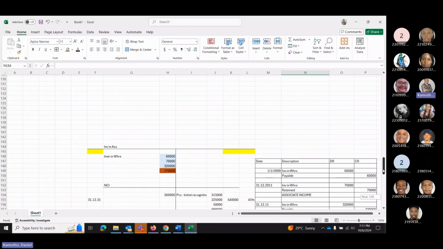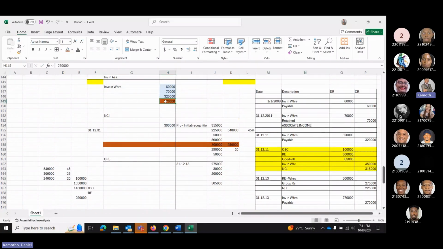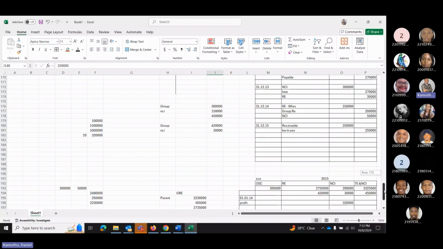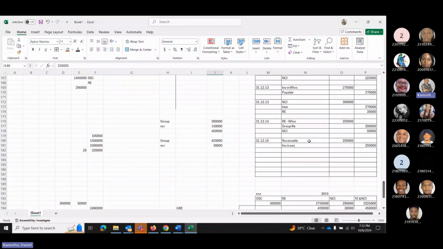If we go back to our investment, remember this, we eliminate it when doing consolidation. Now we have another 250 here, which is a payment, a reduction, which again needs to be eliminated. How do we eliminate this 250 for the purpose of consolidation? Since it is a credit in the investment account, we need to debit our investment with the same amount of 250,000.